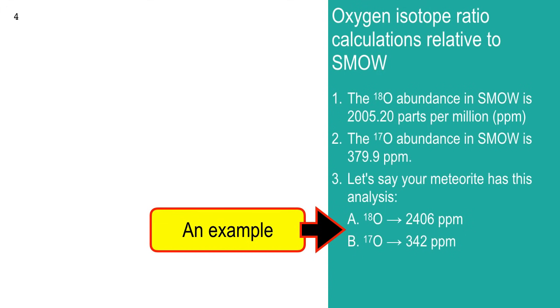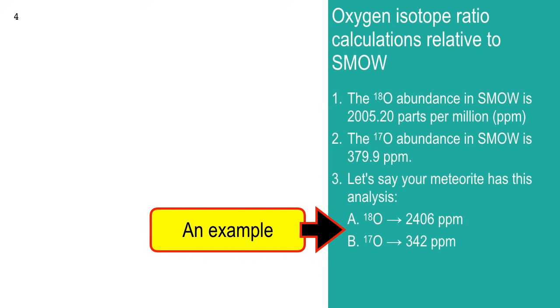And notice it's a little bit higher than SMOW, so it's enriched relative to oxygen 18. Now, oxygen 17, let's say that we got a meteorite and we've analyzed it in our analyzer and it comes back 342 parts per million.